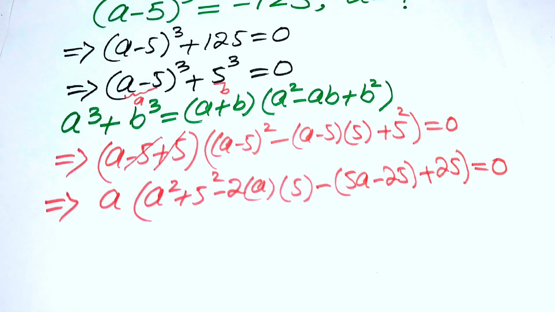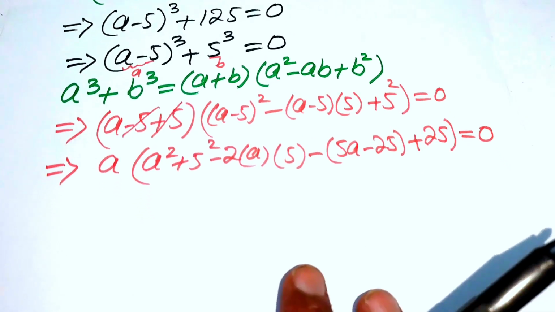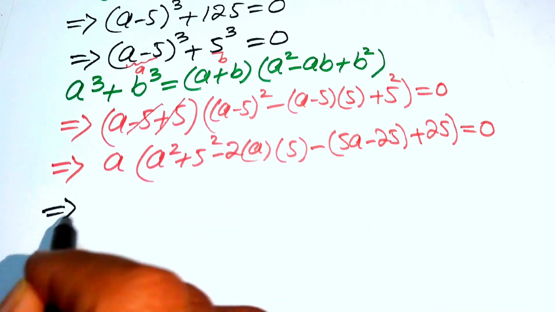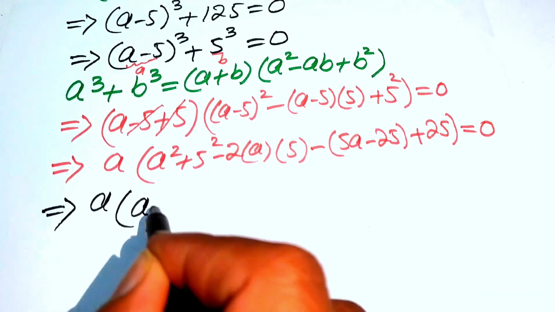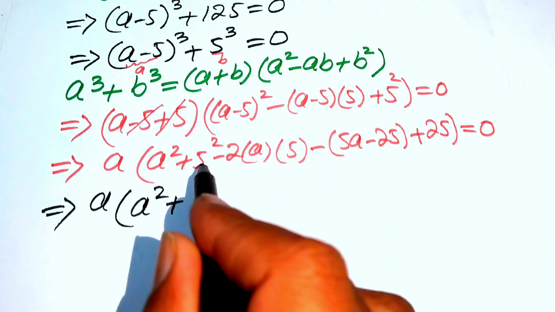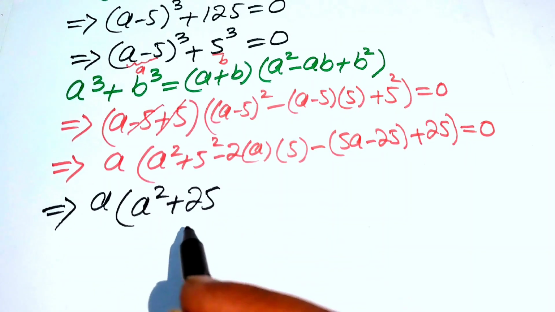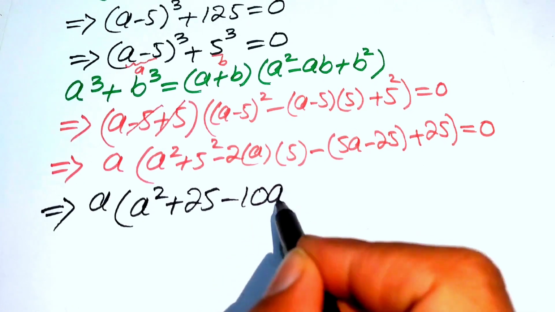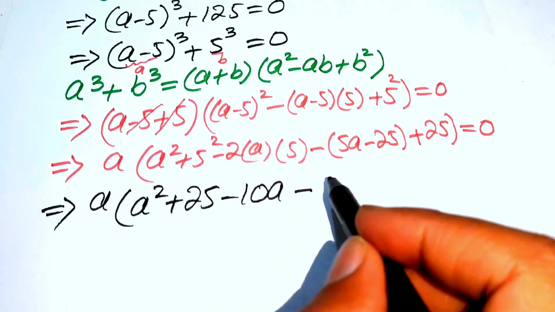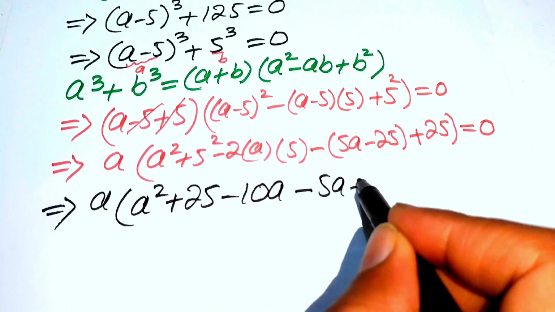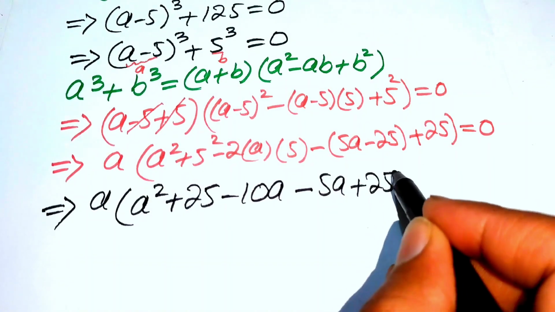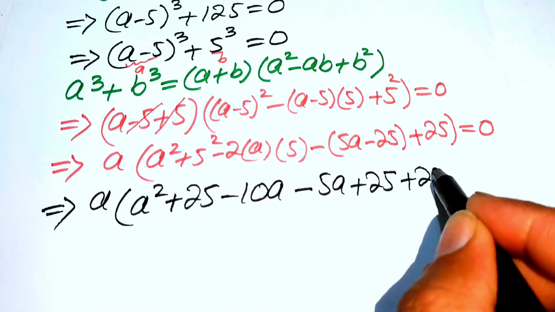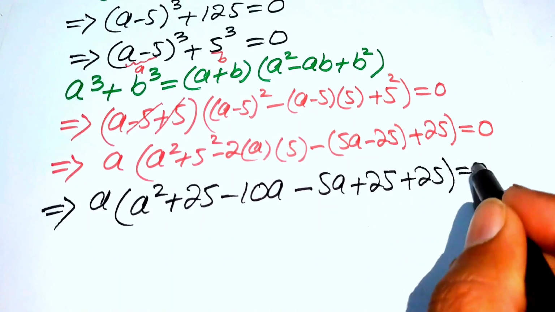Now in the next step we need a little bit of simplification here, and we write it as a times (a^2 + 25 - 10a, and we multiply this minus on both of these terms and we get -5a + 25 + 25), and this whole equals 0.